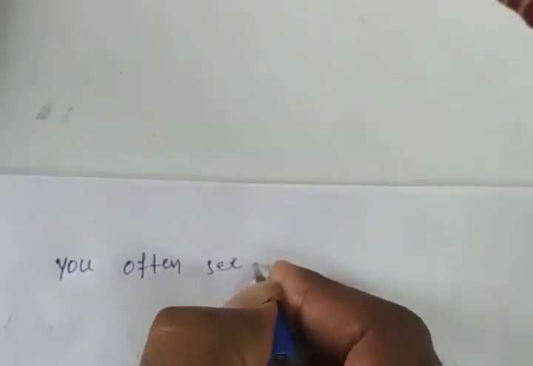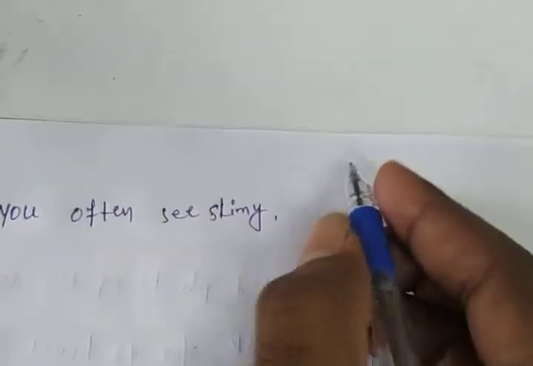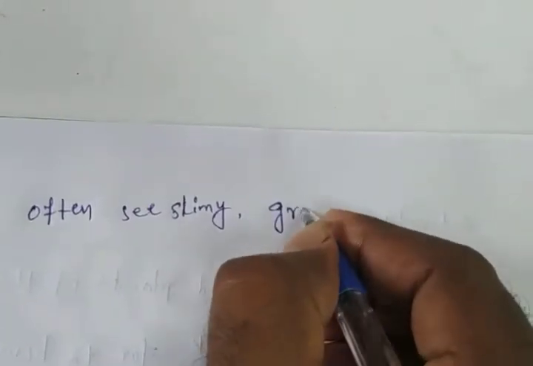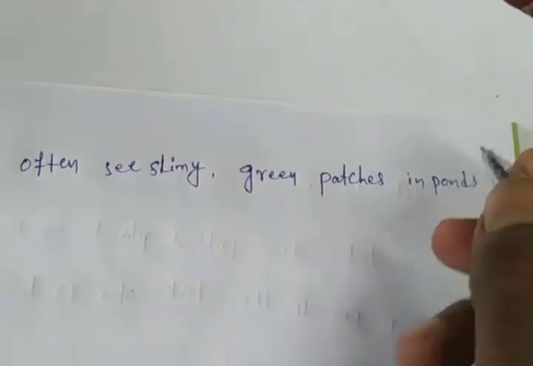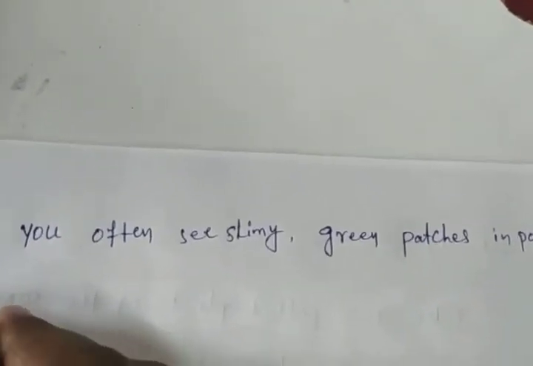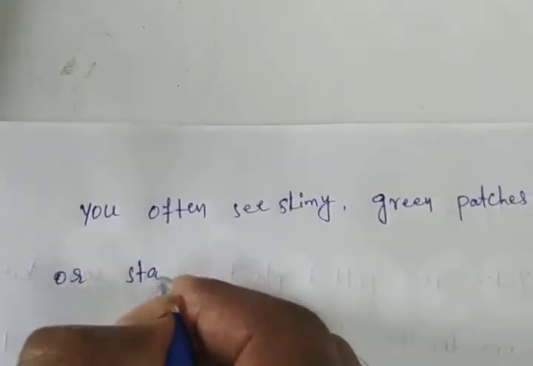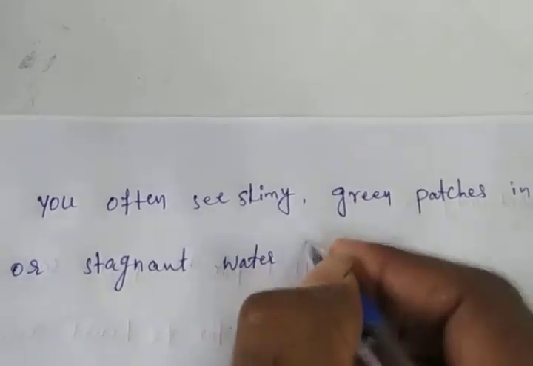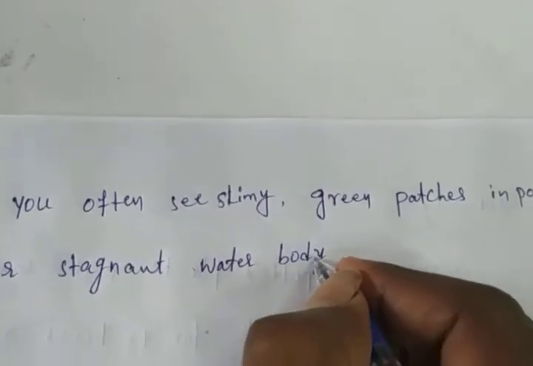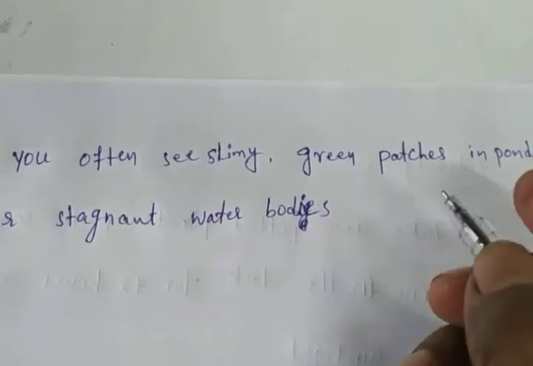You often see slimy green patches in ponds or stagnant water bodies.